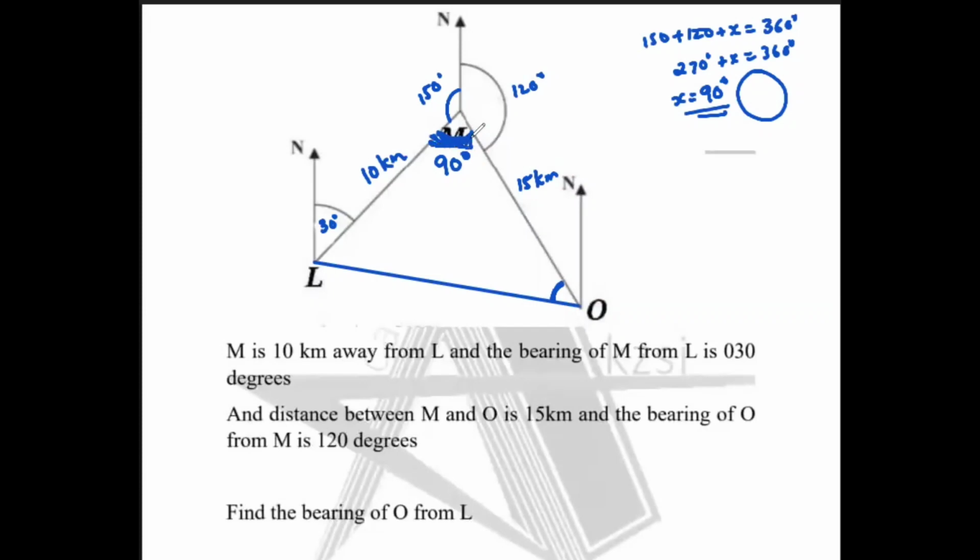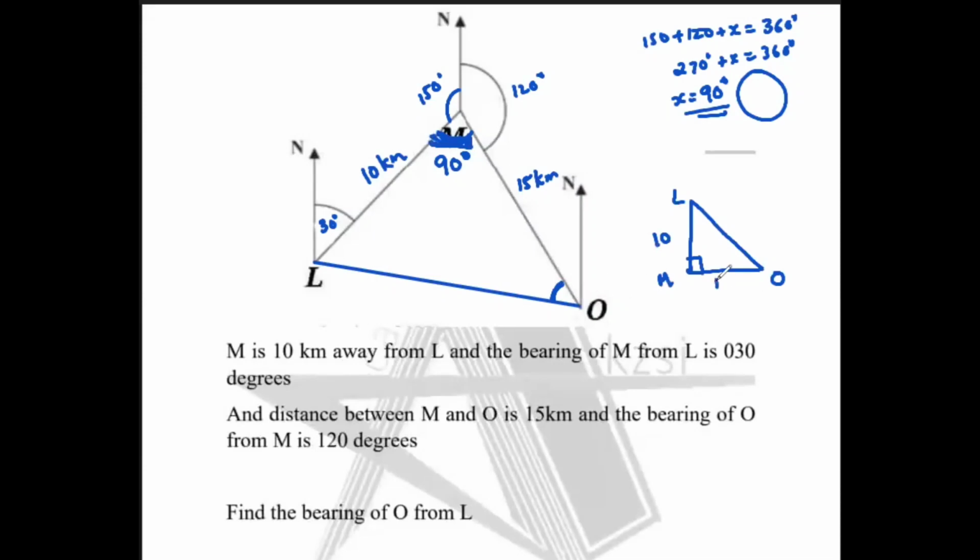Now it's very easy for us to see that triangle MLO is actually like this, with 90 degrees at M. Then this is L and this is O. So definitely LO is the hypotenuse. LM is given as 10 kilometers.